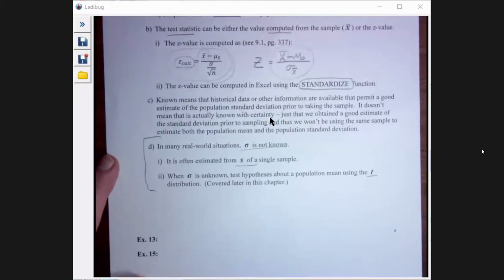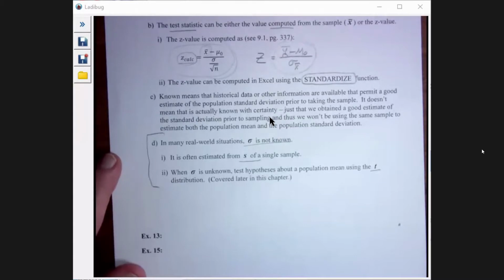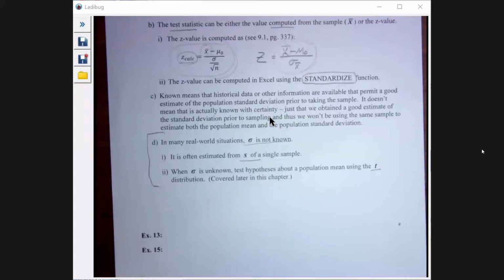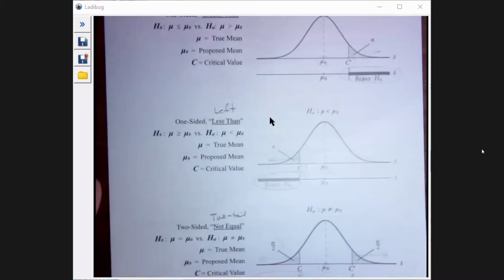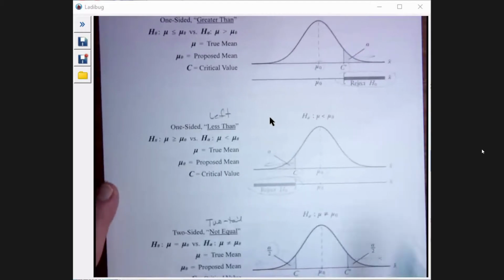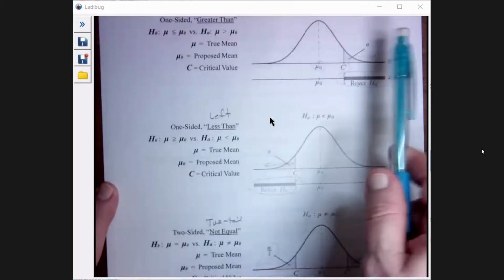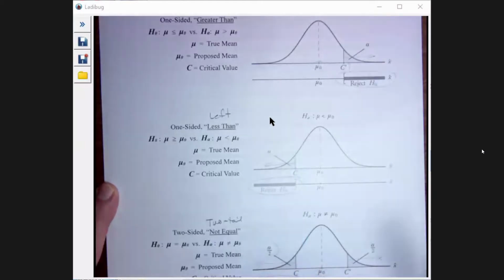Let's do some practice and recognize that in order to do a hypothesis test, we have to do two key things. And we saw these pictures last time of the different kinds of hypothesis tests: right-tailed, left-tailed, and two-tailed.